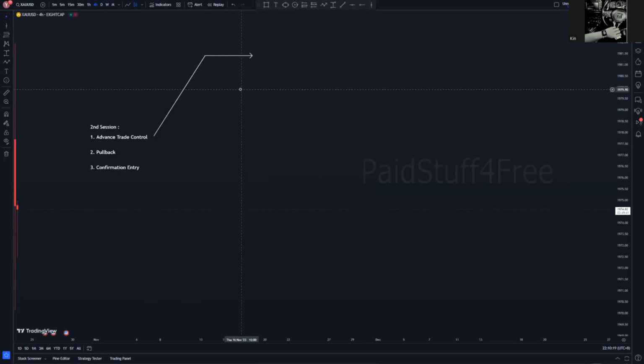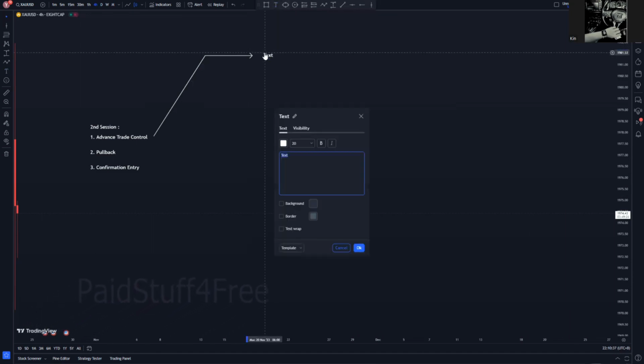As I explained in our first session, how the trade control works and so on. Today in this session, we're going to go deeper on the trade control. We're going to learn all 4 types of trade controls. Number 1, completed higher time frame. Number 2, first entry zone.